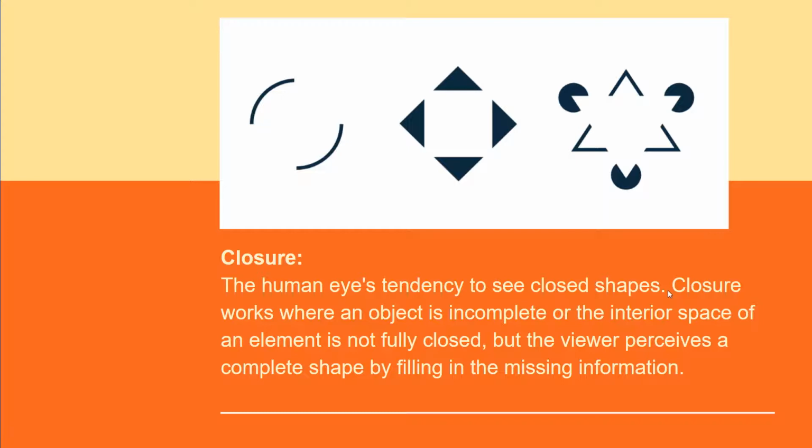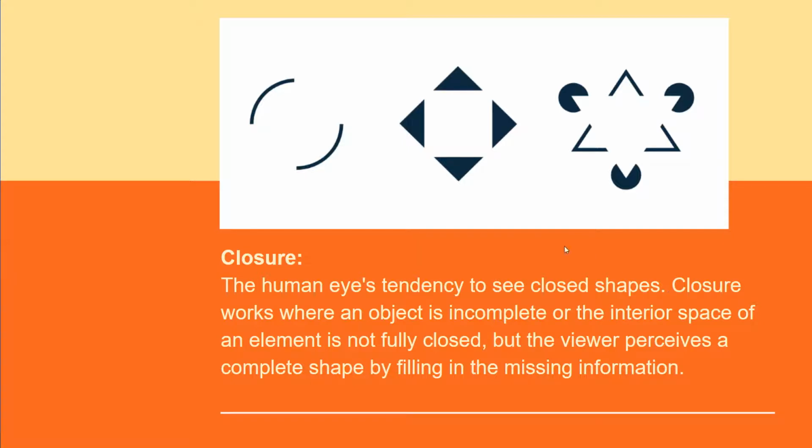And then the next rule is closure. The human eye tends to see a closed object. Closure works where the object is incomplete, and based on our experience, our brain tries to complete the shape.